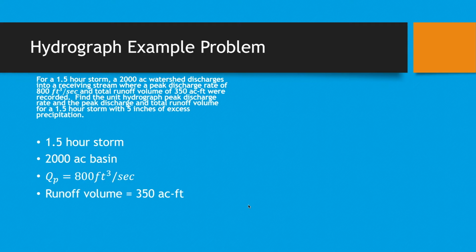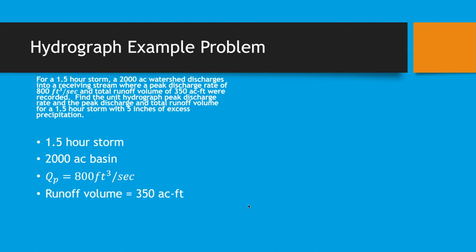Okay, so that's not too difficult. We've got a couple of different problems to work through here. One, the unit hydrograph, and then using that in relation to this 5-inch storm event. Now we talked about 5 inches of excess precipitation, and I just want to quickly talk about what that means. As we mentioned earlier, this is not about the actual total rain depth, right?